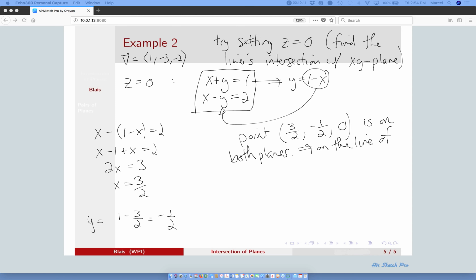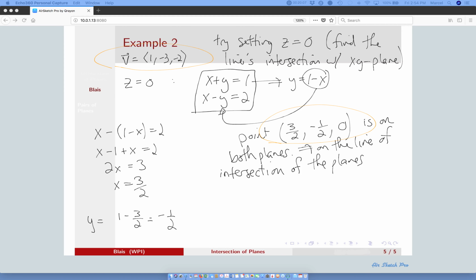By definition, if it's on both planes, it's on the intersection of the two planes. And so this gives us now what we need. We have a vector parallel to the line and a point on the line.